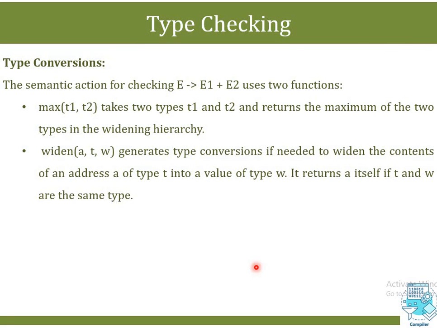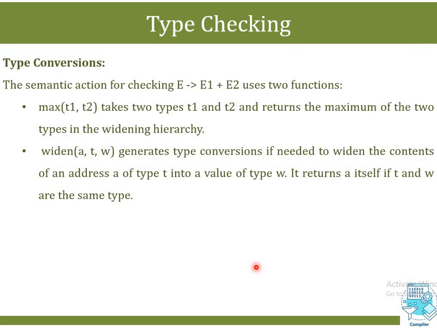When we have an expression like num1 plus num2, we will have a semantic rule for evaluating this expression, and that semantic rule will check whether the types are equivalent or not. If they are not equivalent, the semantic rule will ensure that the widening conversion takes place.